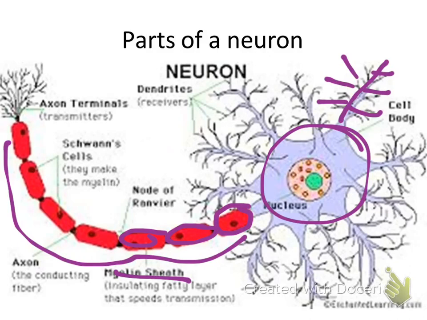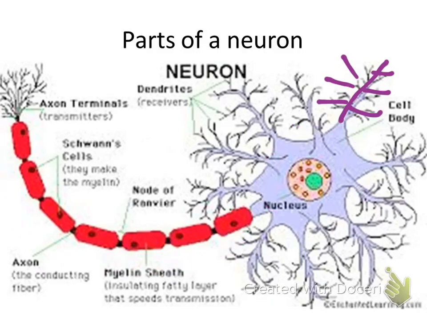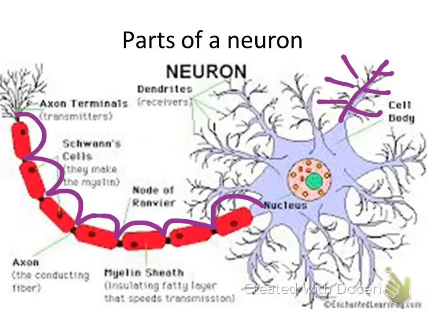So Schwann cells make up the myelin sheath, and in between Schwann cells, there's these little gaps, and they're called nodes of Ranvier. And the impulse, instead of going straight down the axon like we would assume, jumps the nodes of Ranvier. And the word for the jumping is called saltatory conduction.